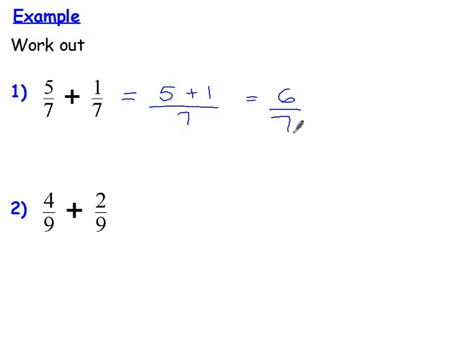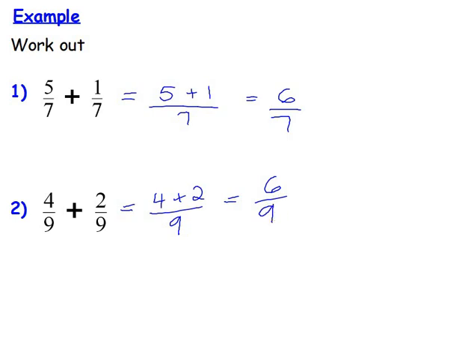The second example, we have 4 over 9 add 2 over 9. And again, the denominators are the same, so that means we can just add our numerators. So we do 4 add 2 over 9, and that's equal to 6 over 9.